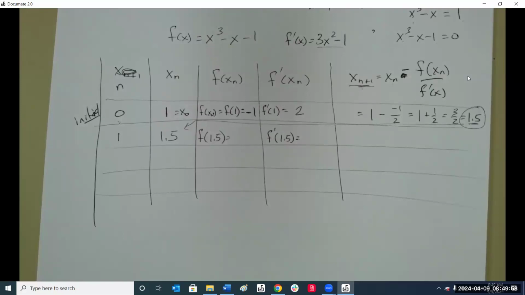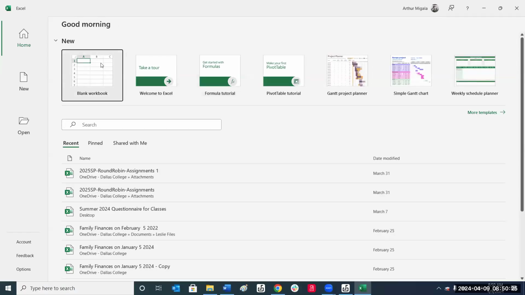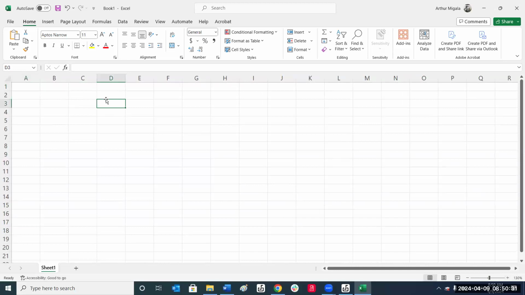1.5 cubed, I'm not gonna do that. That's painful. But yeah, calculators and computers. It's easier if you use Excel. Because with Excel, I can create this is my x sub n plus 1.